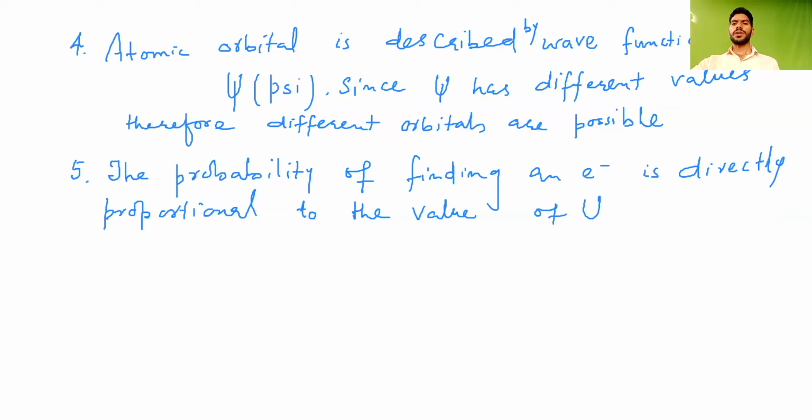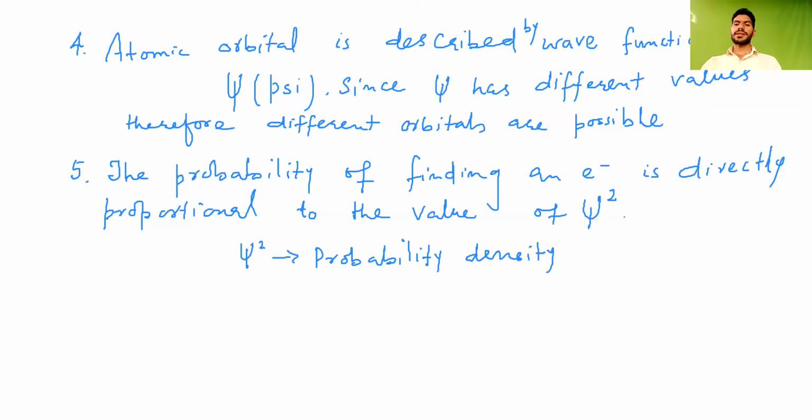So that means more the value of psi square, more will be the probability of finding an electron. So this actually simply gives the electron density, the probability density. So that's why psi square is sometimes known as probability density, because it actually gives you the probability of finding an electron around the nucleus in the 3D space.